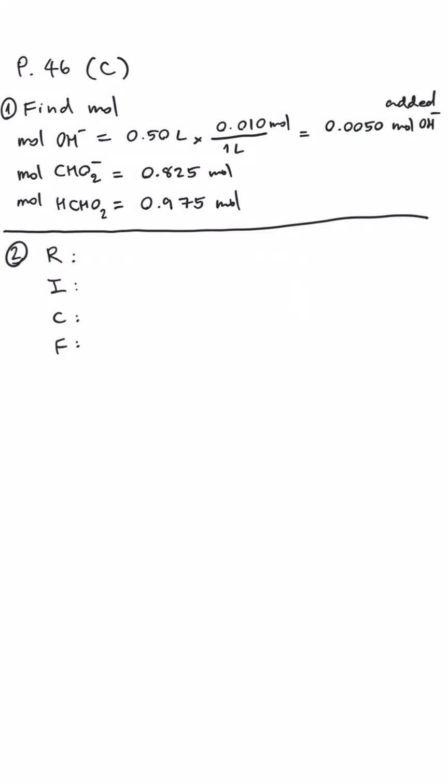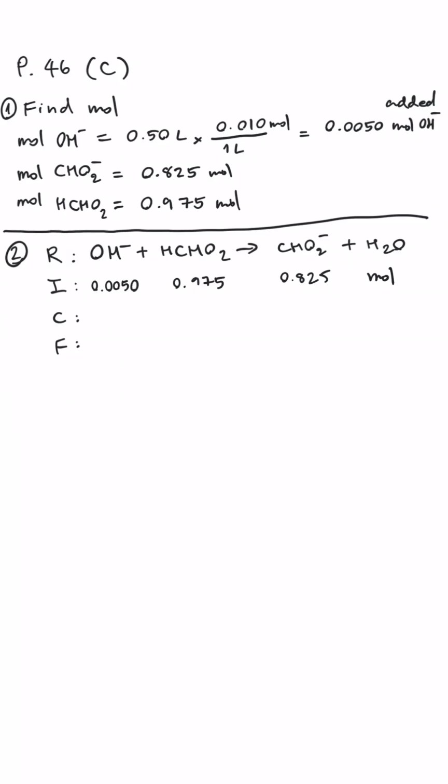The added hydroxide ion will react with the weak acid available in the buffer solution to produce its conjugate base and water. Next, plug in the available number of mole at the initial, and the limiting reactant for this reaction would be the hydroxide ion, which has the least amount compared to the weak acid. So the amount of mole of hydroxide ion will always be consumed.